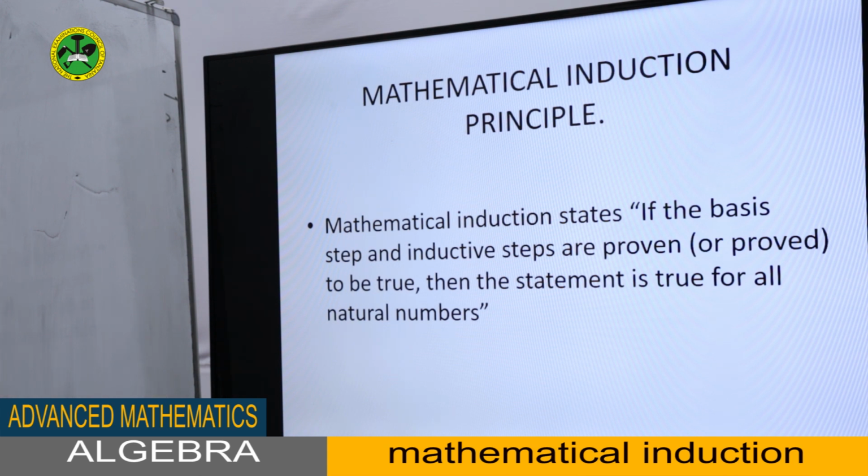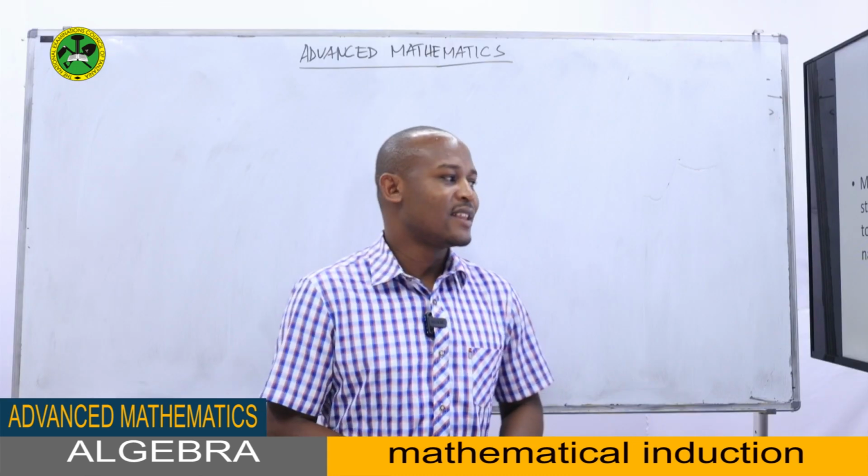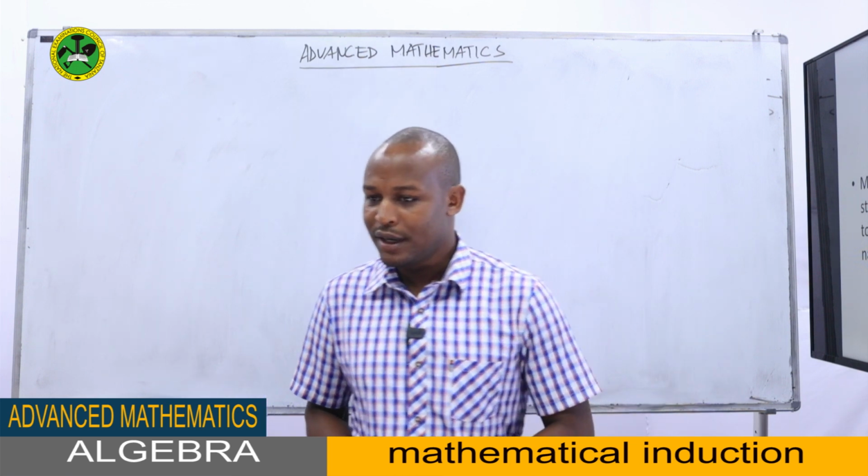I'll repeat. The principle of mathematical induction states that if the basis step and the inductive step are proved to be true, then the statement is true for all natural numbers.